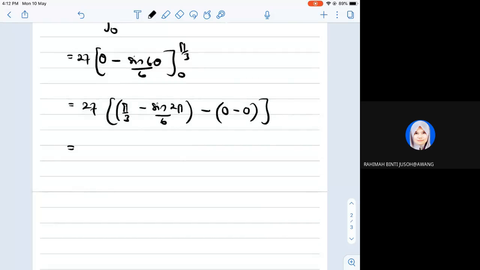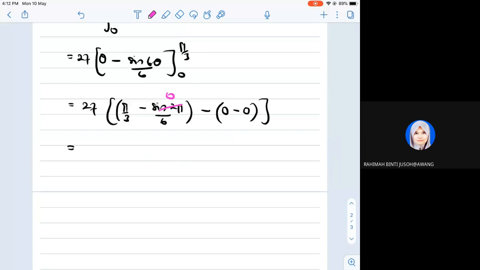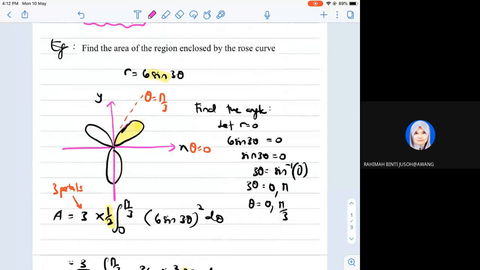So as we know, sine 2 pi also gets 0. Sine 2 pi gives 0. So 27 pi, 27 times pi over 3, it becomes 9 pi, isn't it? So we get 9 pi. Okay. So this is how we solve for the case of roses for sine. This is the way to find the angle.